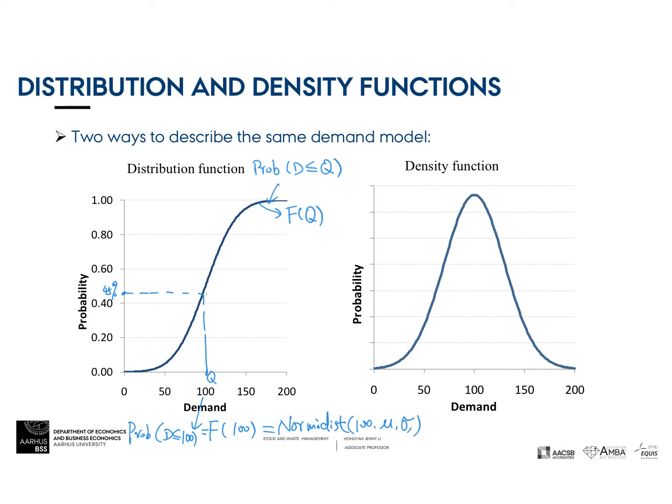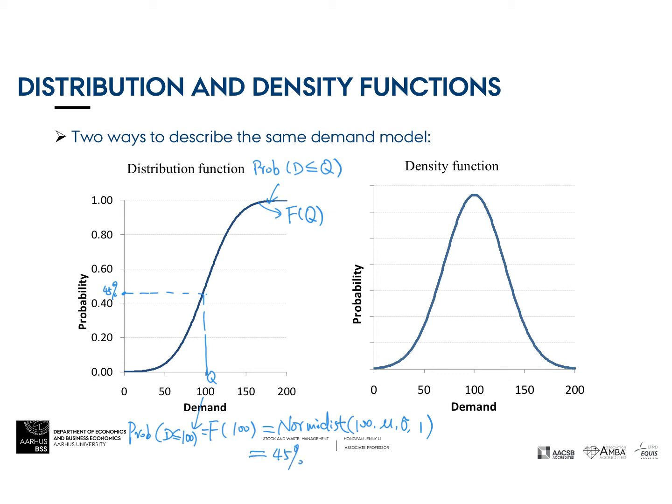So here we have a cumulative function. Then we have a cumulative value. In this graph, we can read this value as about 45%.